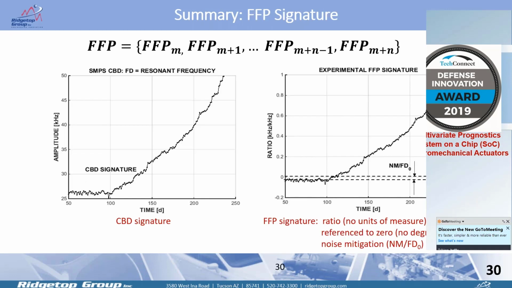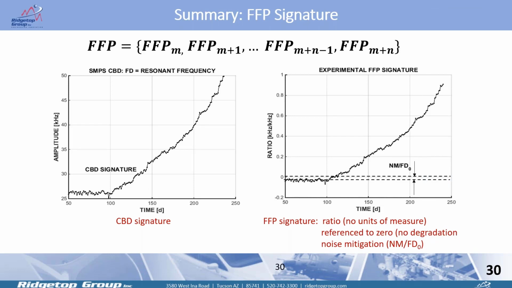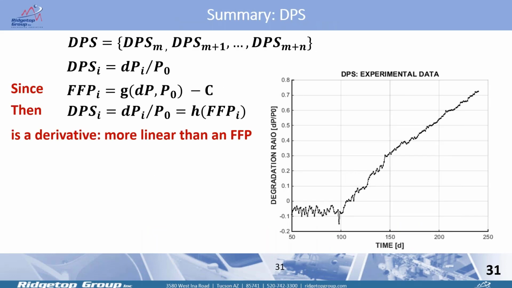Next. So then your FFP is noisy, that's your feature data. You can see that the FFP on the right side looks the same curve, but it has been shifted downward so that it's about a reference 0. And it has changed from kilohertz to a ratio. Next. Then we transform it into a degradation progression signature, which is basically a function of the FFP.